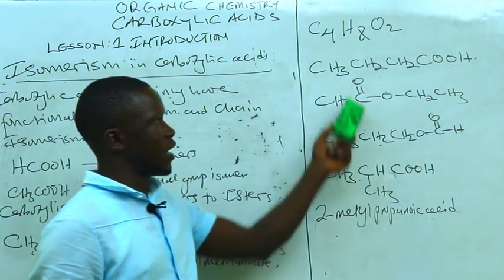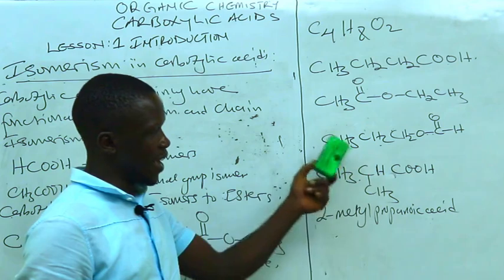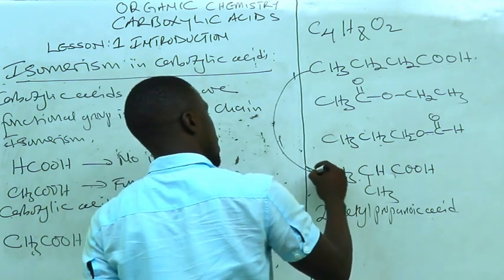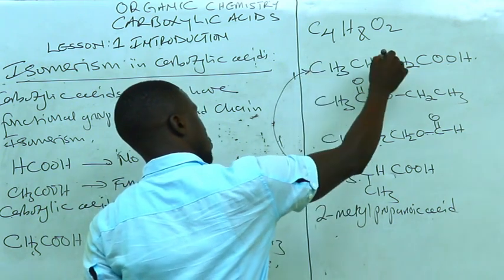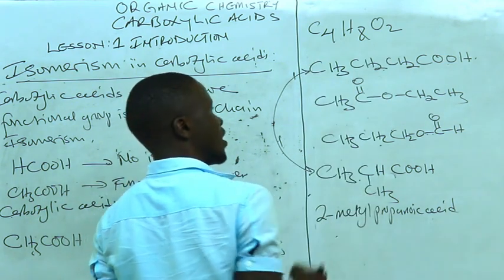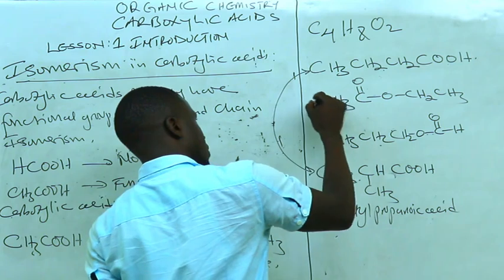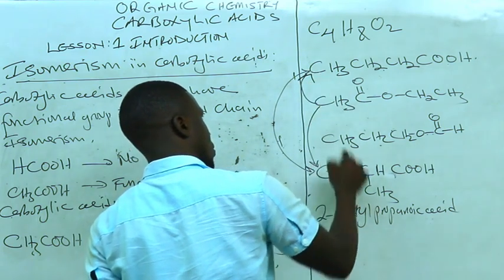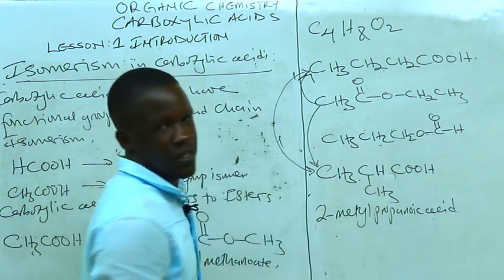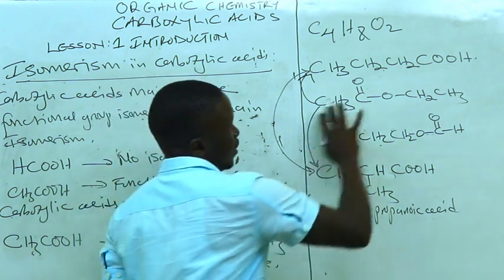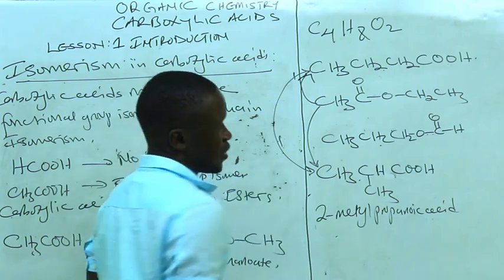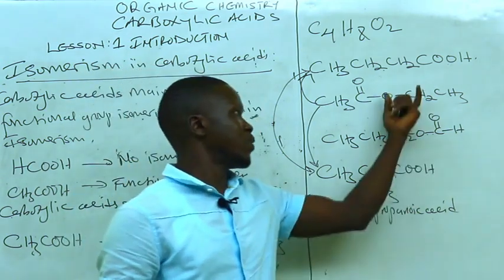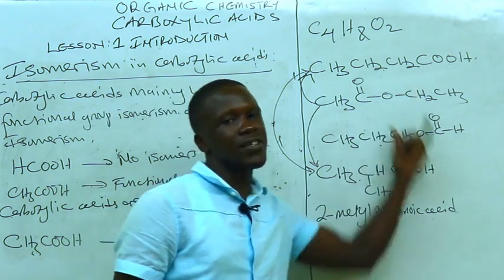These are esters, but this is a carboxylic acid, an isomer to this one. This is a straight chain isomer, this is a branched isomer. These ones are functional group isomers to those compounds, the esters. And here, in the esters, what is changing is the position of the ester group. These are position isomers of esters.